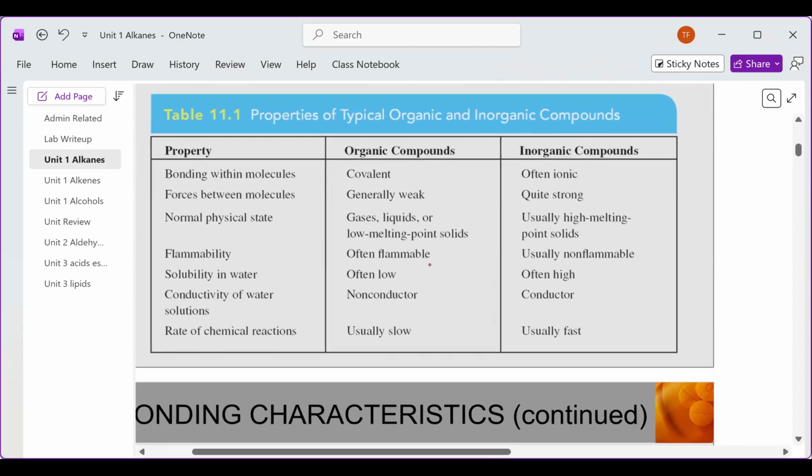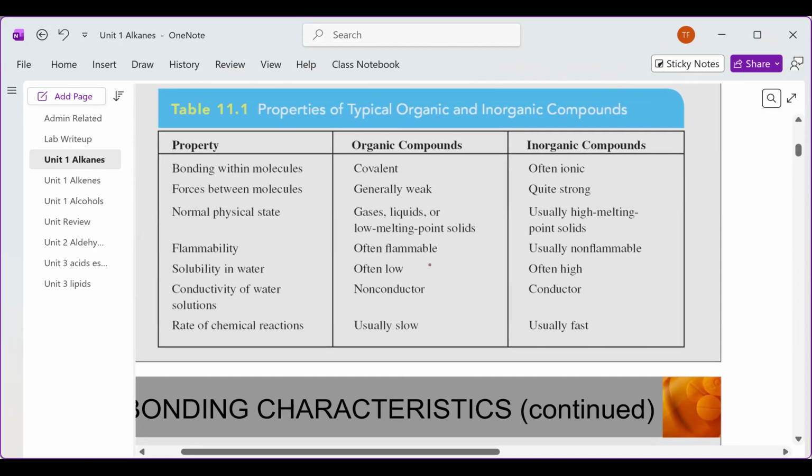The properties, when you compare organic versus inorganic, now there are exceptions to all these.